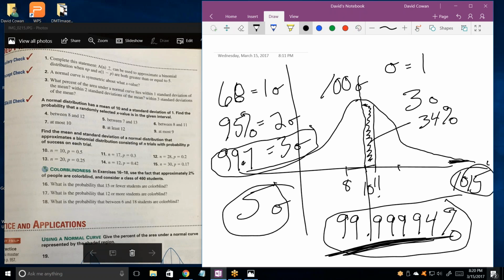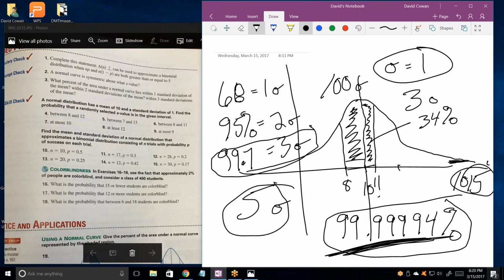But now when I go this much over here, what's this half of? This will also be half of 95. That's 2 standard deviations to the left. Remember, I'm going from 10 to 8, and the standard deviation is only 1.